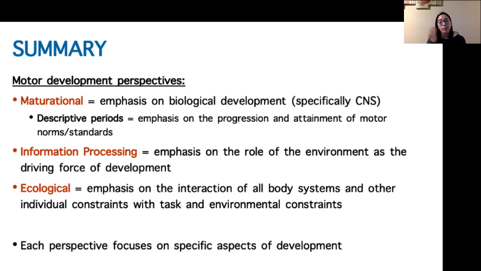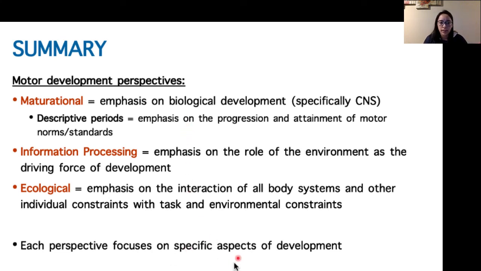That means that some perspectives are going to be reserved for specific aspects of development or age groups. So an example might be the maturational perspective, or the classical maturationist perspective, is going to focus more on infancy versus the descriptive periods, which focus more on late childhood and adolescence. I think I mentioned that earlier.